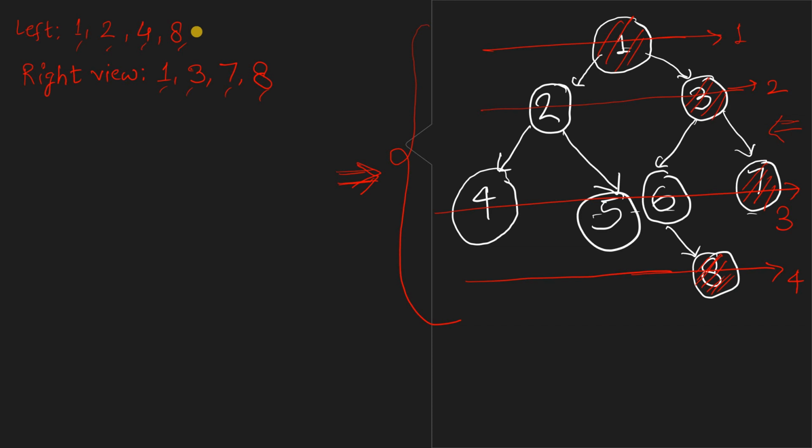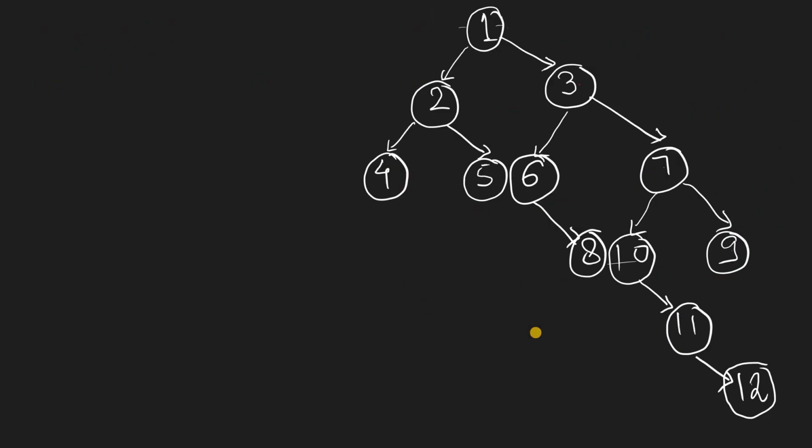Okay, now let's discuss one more example to understand it better. Let's pause the video here. I would suggest you pause the video here and write yourself what will be the left view of the binary tree.